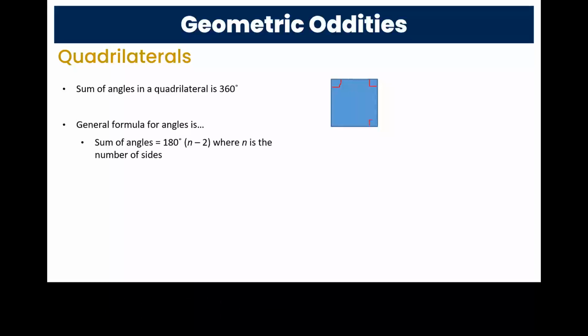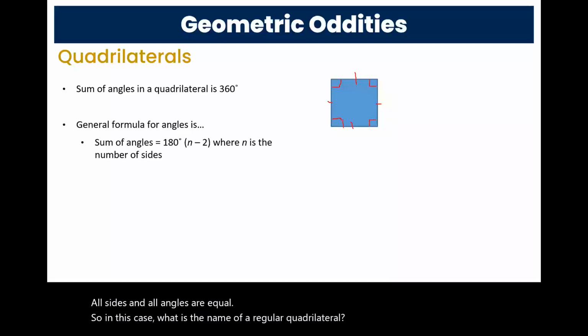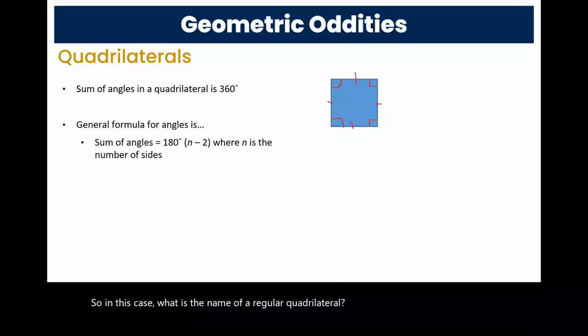All sides and all angles are equal. So in this case, what is the name of a regular quadrilateral? It is a square.